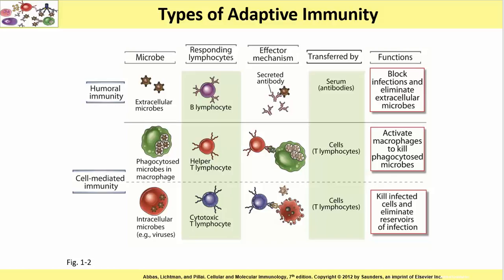The T lymphocytes end up killing the infected cells. So they therefore eliminate the reservoirs of infection. They don't eliminate the infection, they eliminate the reservoirs, the places where the infection is hiding or stored. And they release those microbes into the interstitium.